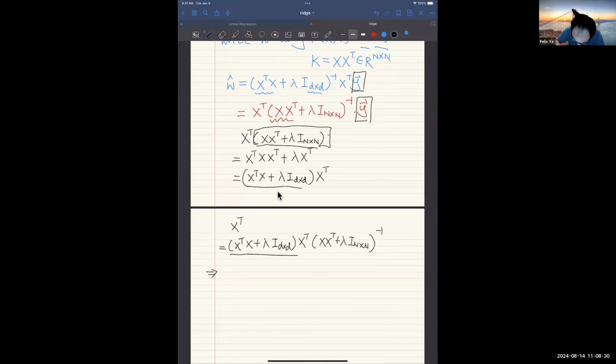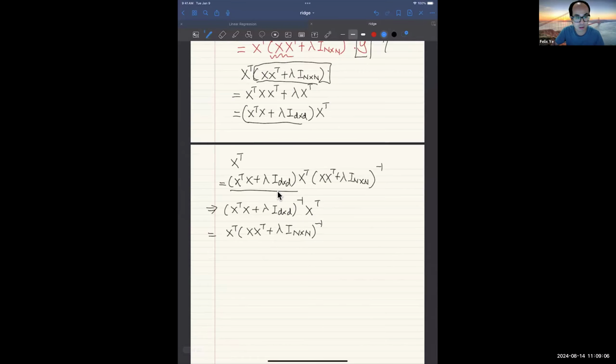So this becomes X transpose X plus lambda identity D by D, inverse, X transpose equal to X transpose X X transpose plus lambda I N by N, inverse. So we prove this factor right here. This basically says we can move from here to here. So that's good.